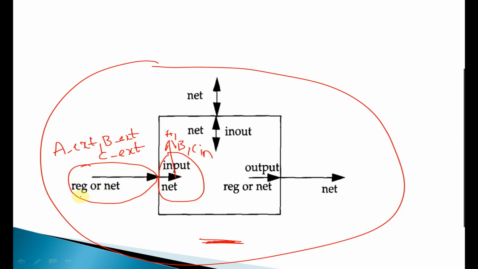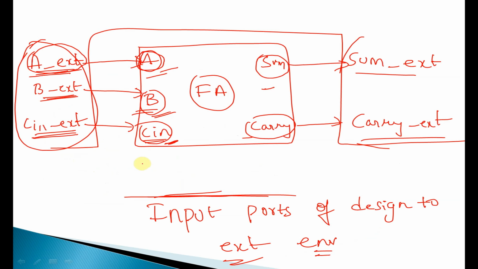Don't bother about the data type, we will discuss it. Just identify what is the driver here and what is the port here. You have connected your external environment, external variables or your drivers to your input ports. Now first answer me this particular question. Let's say here only we have written it.